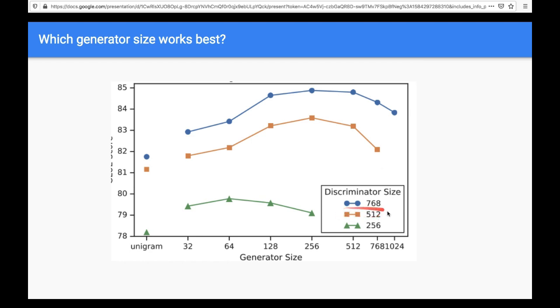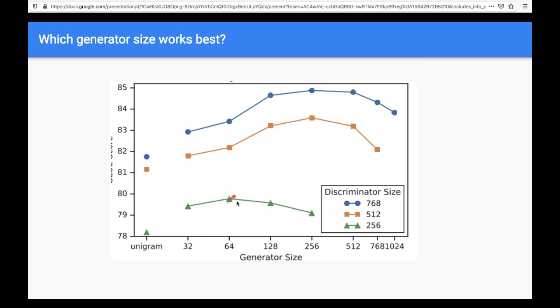If you have a 512 hidden dimension size for the discriminator, then your generator's hidden dimension needs to be 256, which is half of the discriminator size.